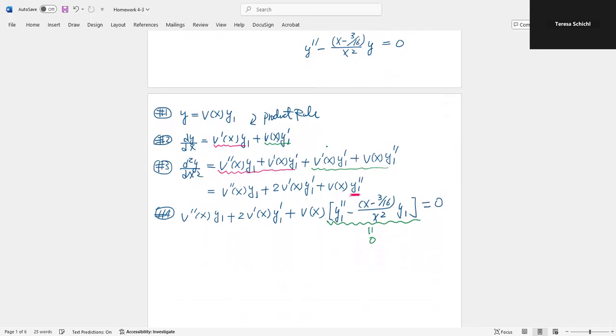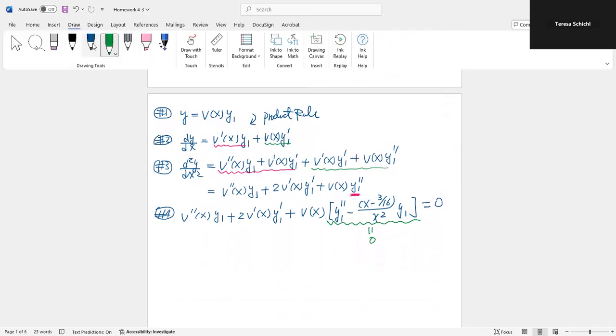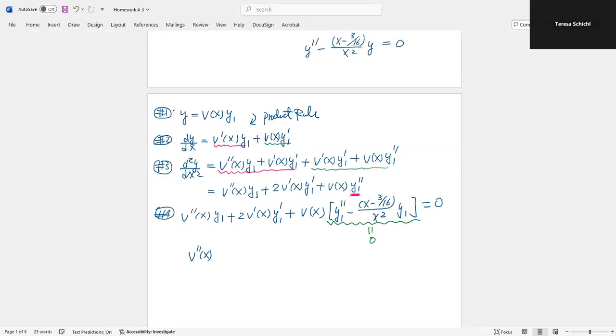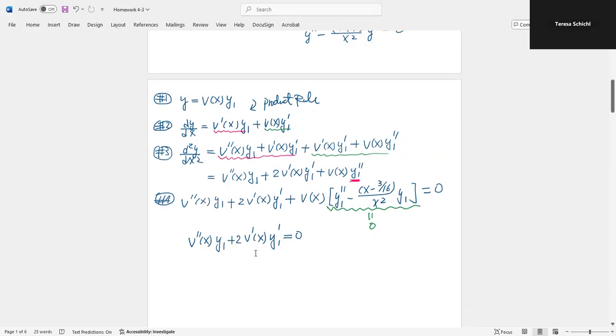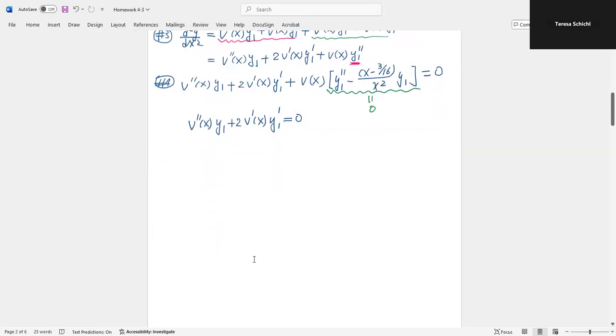So I finally got v double prime(x) y1 plus 2v prime(x) y1 prime is equal to 0. Wow, getting better, because right now I changed this to v double prime(x) and v prime(x). Now I want to change it to first order. Then I know how to do it.